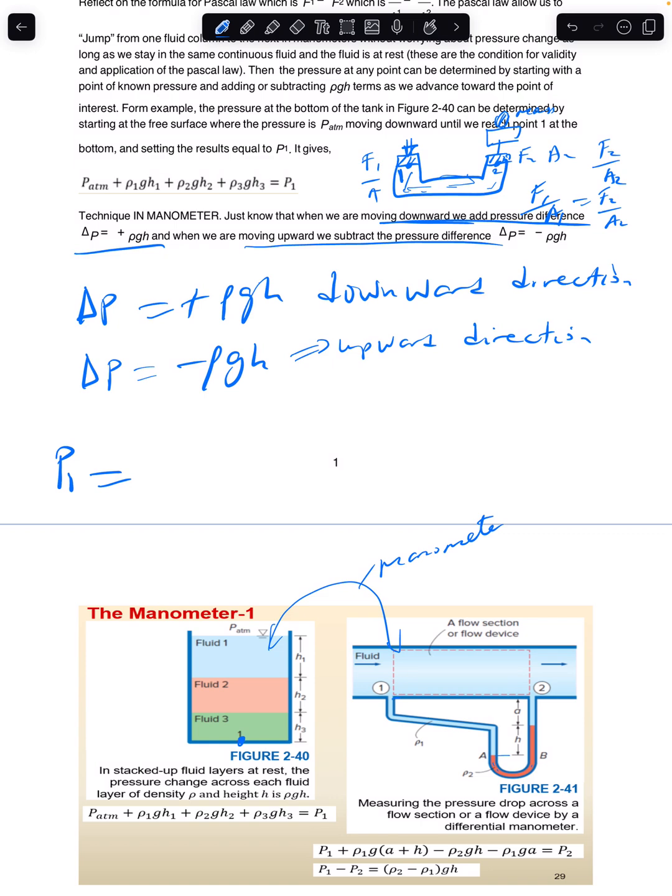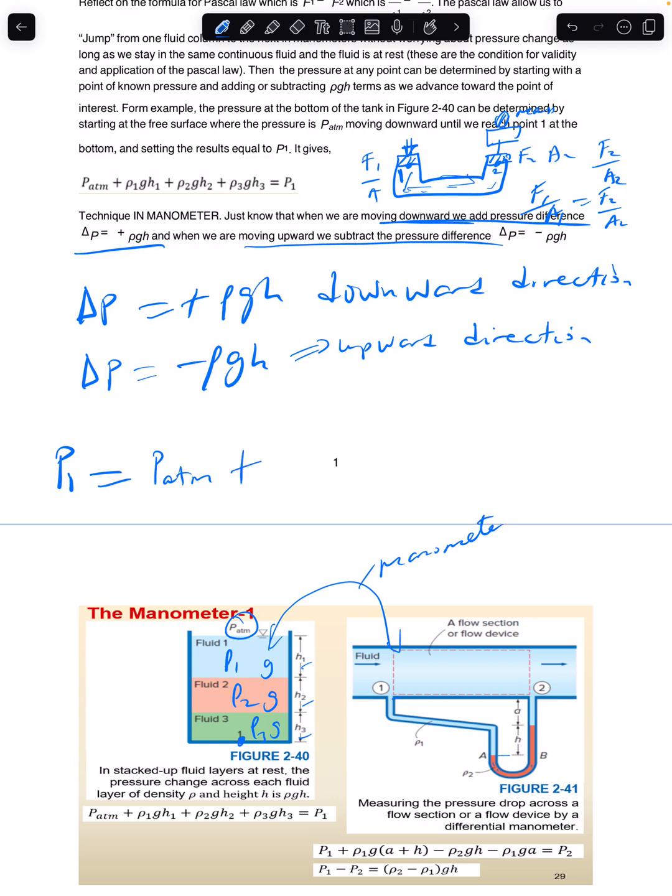So see, in this case, we have fluid 1, we have fluid 2, we have fluid 3. But we know that they have the same gravitation and they have different height, H1, H2, H3. So for this manometer, we could see that it is open to atmosphere, so we have atmospheric pressure at the top.